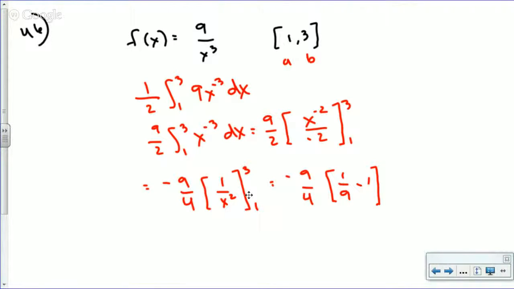Okay, so we have -9/4. 1/9 minus 1 is going to be -8/9, right?